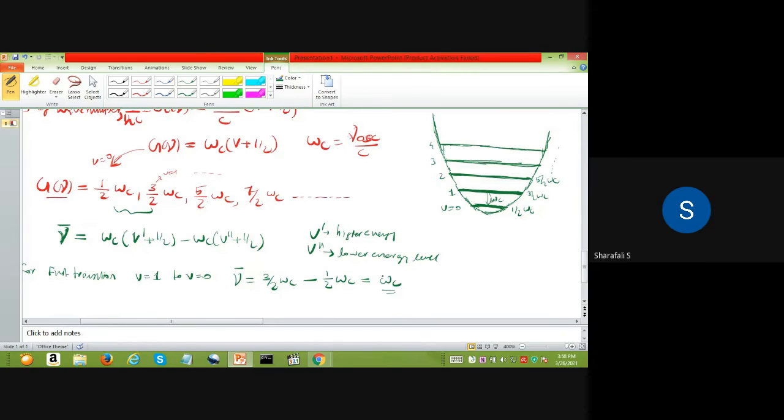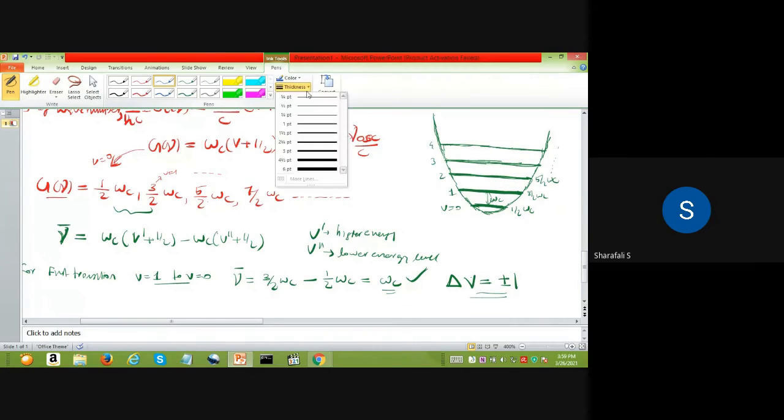And the transition, I have told, from V1 to V2, and the selection rule for this transition is delta V should be equal to plus or minus 1, similar to that of rotational transitions. So from one energy level to the next vibrational energy level, the transition happens. For example, what we have discussed here is the transition from V equal to 1 state to V equal to 0 state.